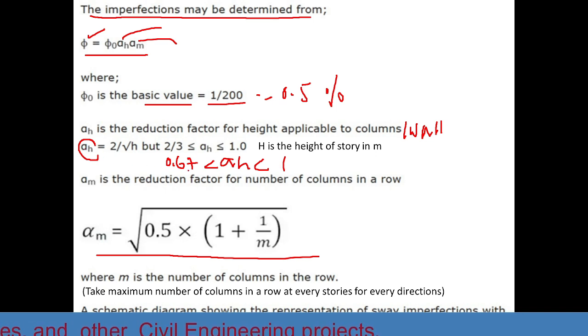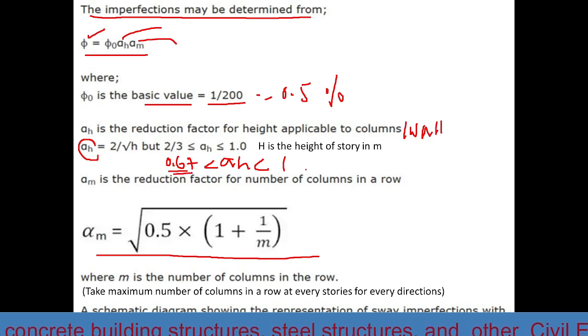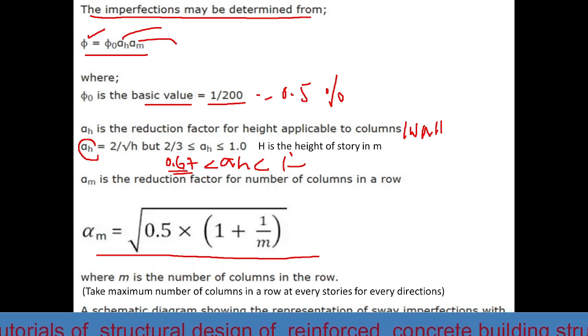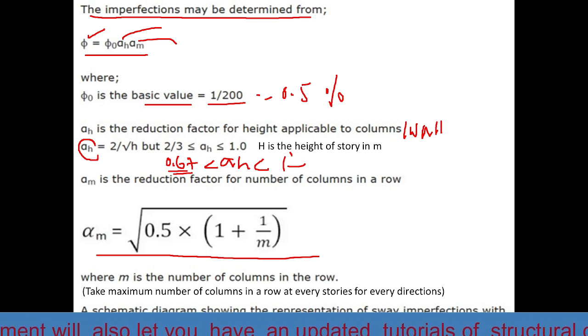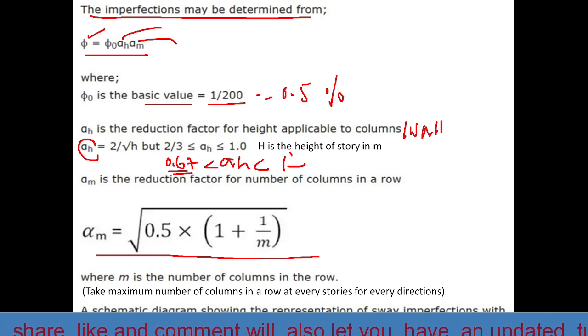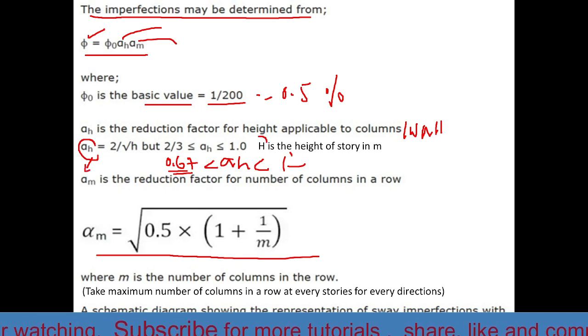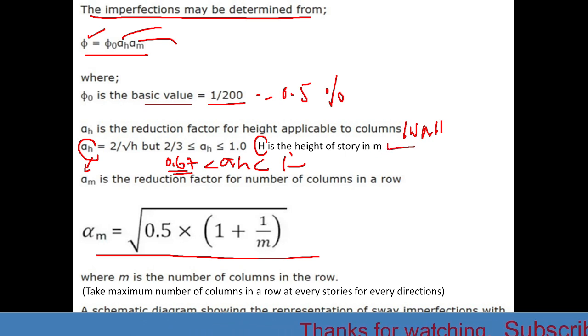If alpha h is less than 0.67, we need to take this value. If it exceeds 1, we need to take 1. So we need to take care while calculating alpha h, because h is the height of the story, which is measured in meters.